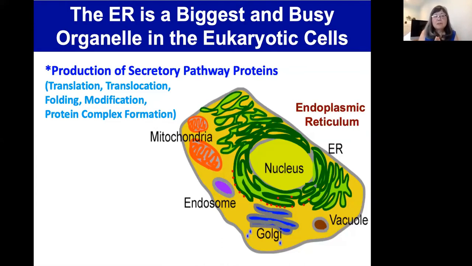Almost all the proteins that are secreted outside of the cell, for example, growth factors, hormones, cell surface receptor kinases, and channels, as they are synthesized, have to enter into the lumen of the ER as linear unmodified polypeptides.